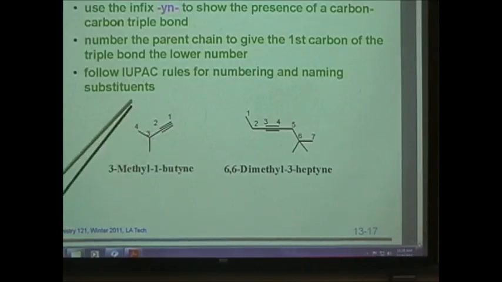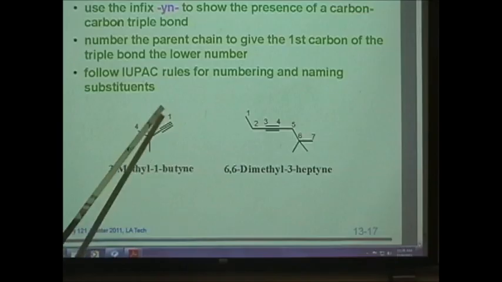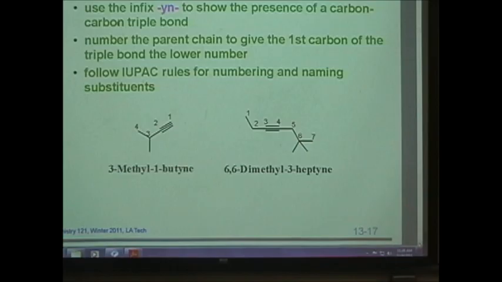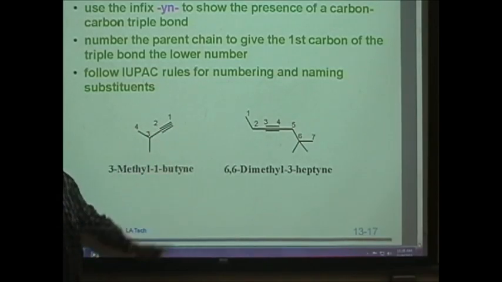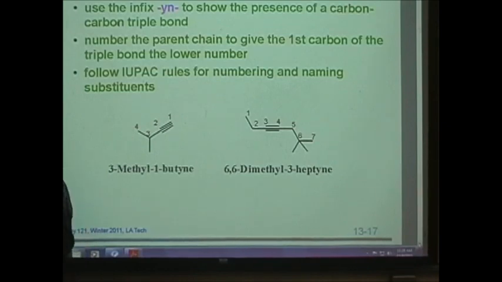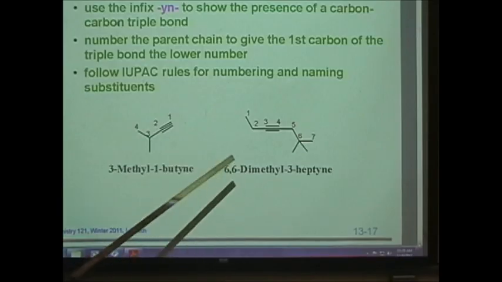You can go this way or that way, it doesn't matter. Okay, notice that when you have a triple bond, it's linear. The angle between carbons here is 180. Double bond is going to be 120. Single bonded carbon atom is going to be 109, tetrahedral. So we talked about that.